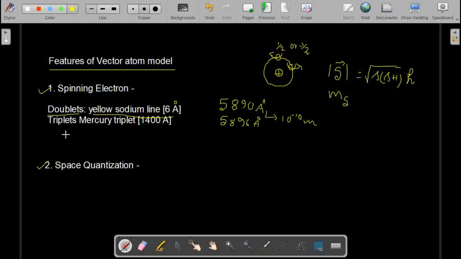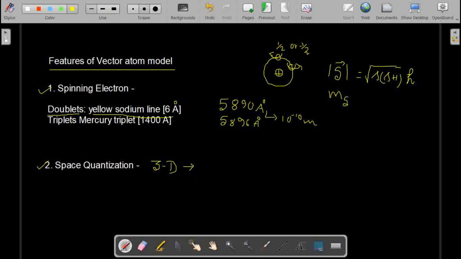Next, the second feature, which is very important for the vector atom model, is the idea of space quantization. When we talk about the Bohr model, we have the electron around the nucleus, and it is basically a two-dimensional picture, which is actually not true. The electron revolving around the nucleus will have a three-dimensional image.